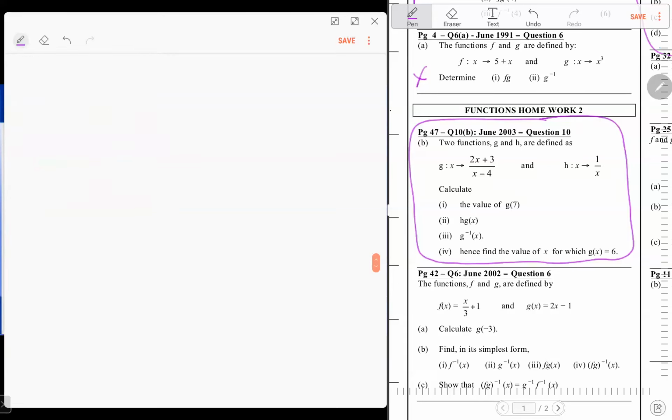So they give us two functions again: g of x is 2x plus 3 divided by x minus 4, and they also gave us h of x, which is just 1 over x. And the first part wants us to find g of 7.